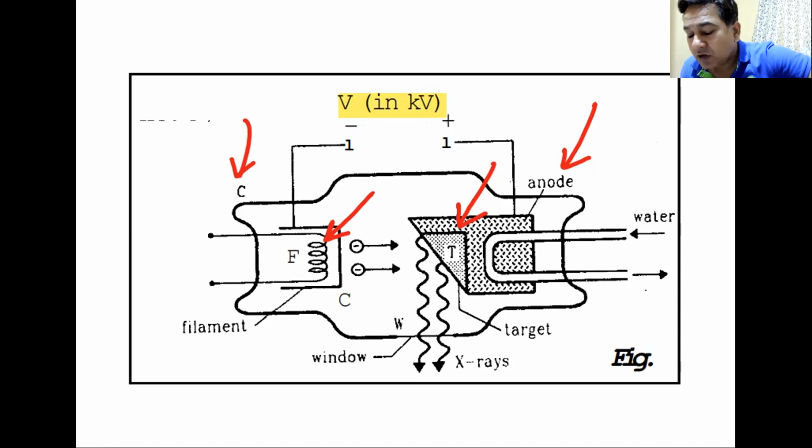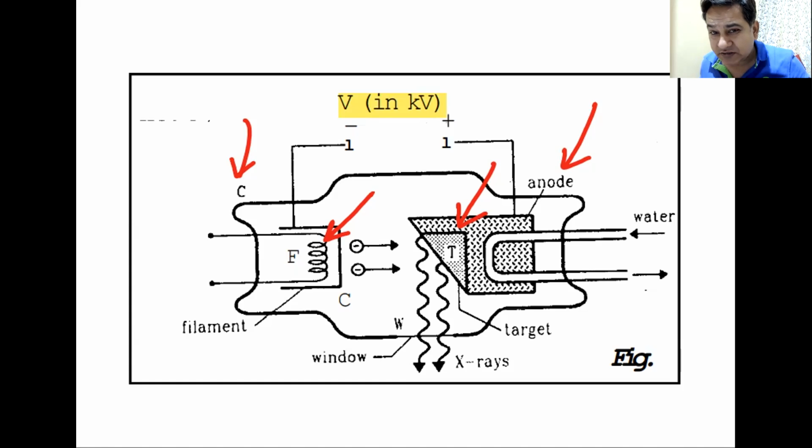Here, how do I get this energy? By heating this cathode, the filament. Or you make the filament your cathode and you heat that filament. If it gets enough heat, it will emit electrons.